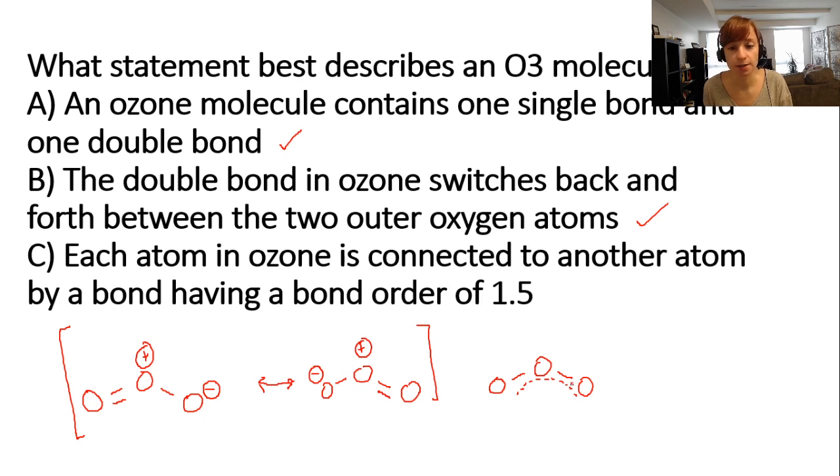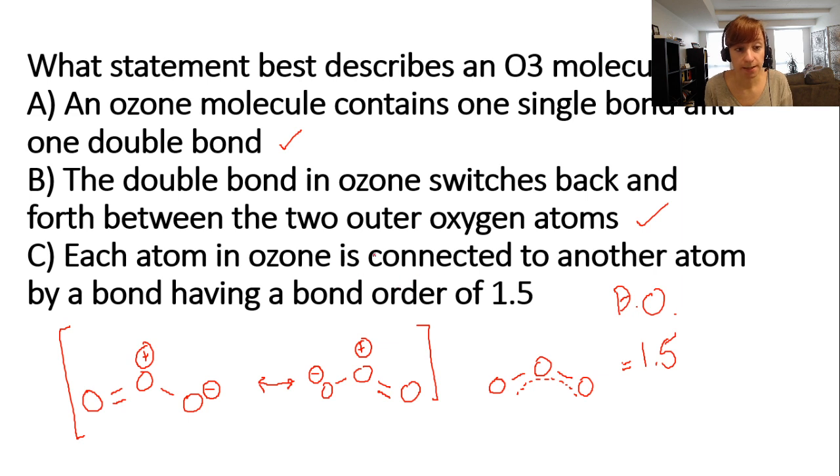So this shows that the double bond could be at either side at any time. So because of this, the ozone has 3 bonds at one time, but because that extra bond is moved back and forth, this gives our ozone a bond order of 1.5.